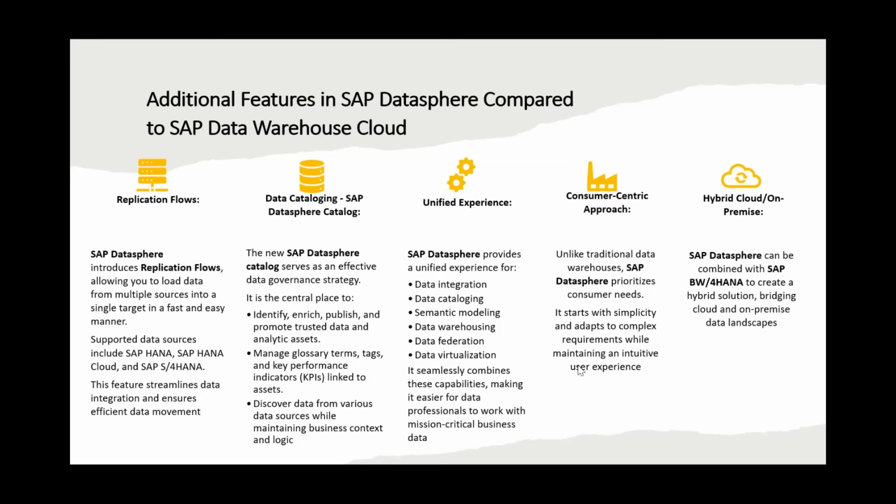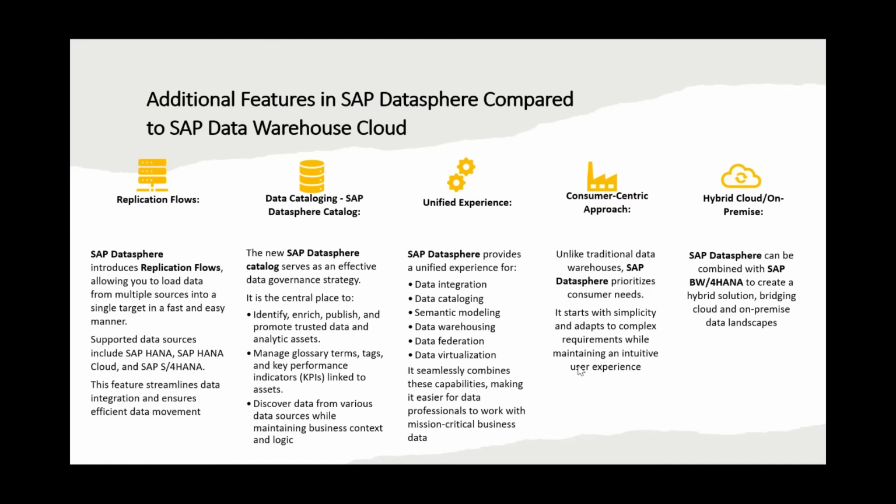But if you have lots of objects and lots of complex developments in BW for HANA, then you can use a bridge which can help to leverage the features of BW for HANA in SAP Datasphere.